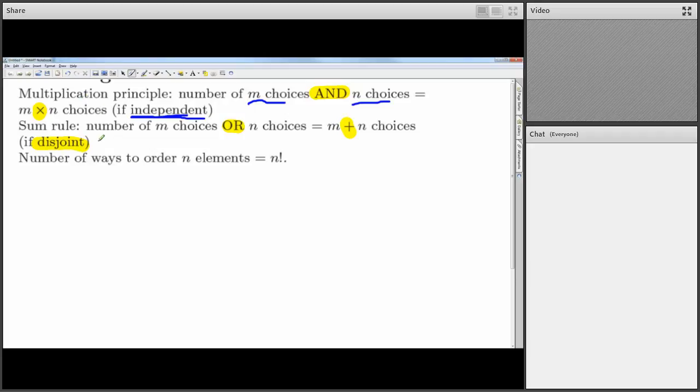Normally what happens is if you're trying to count something, you try to break it down into a bunch of disjoint situations, which are easier to count. So you'd use the sum rule to split up into a bunch of sums of things, and for each individual part, you would use the multiplication principle or something like that to work out how many there are for that situation.